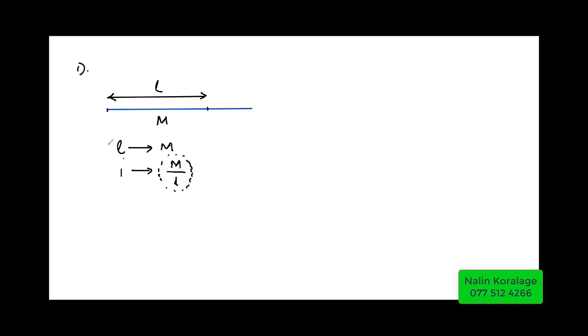Say we had L number of mangoes with price capital M. Then per unit, one mango's price is capital M over L, which is known as linear mass density, usually represented symbolically by simple m. So m is the mass per unit length, and I can write m equals capital M divided by L.